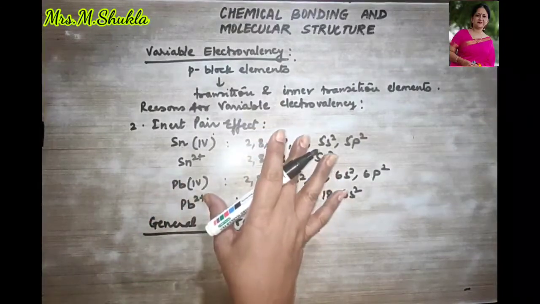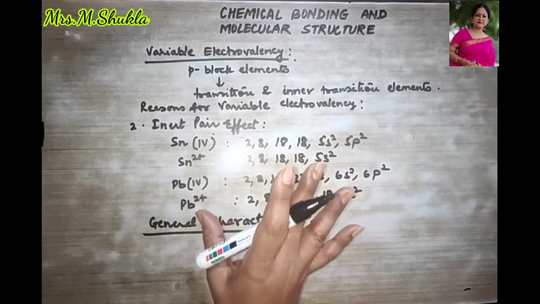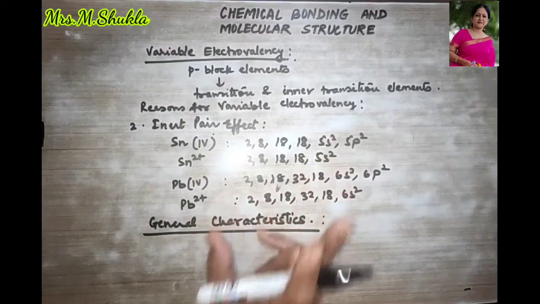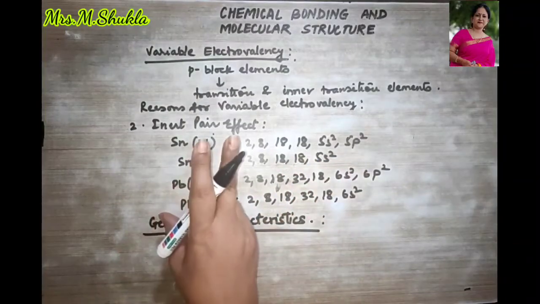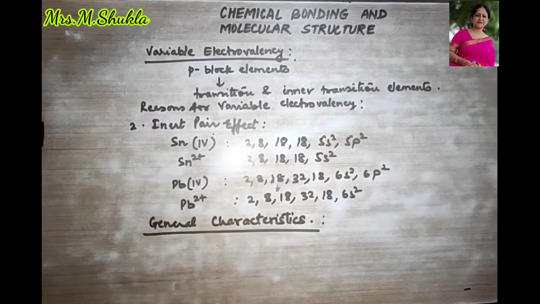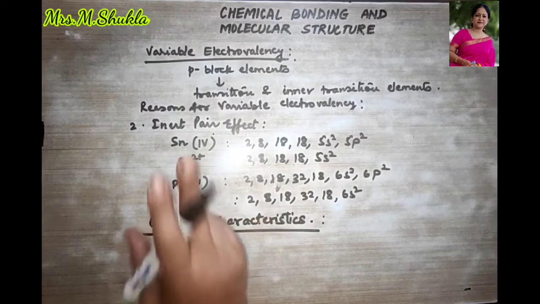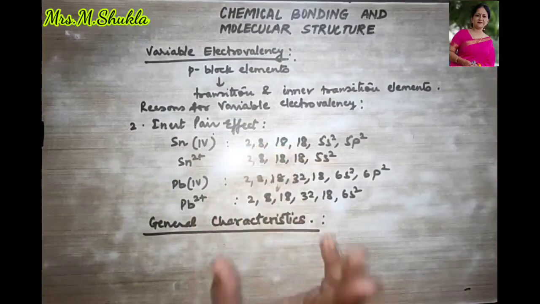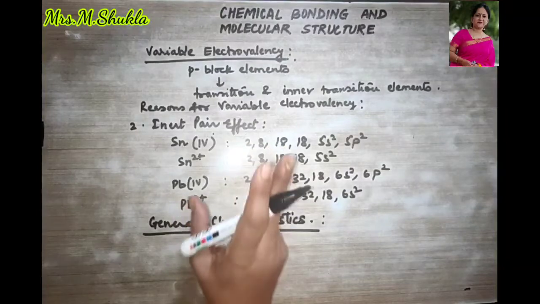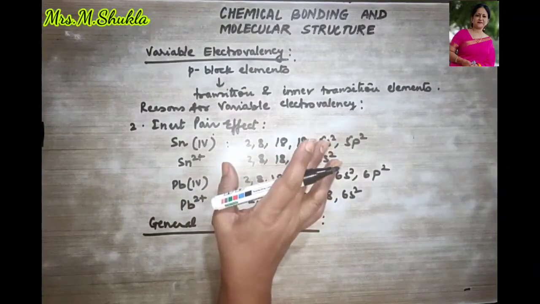The electrovalent compounds dissolve as I told you in a solvent if the value of solvation energy is also higher than the lattice energy. Remember this point. What did I say? That solvation energy should always be higher than the lattice energy. Then the electrovalent compound easily dissolves in the solvent.